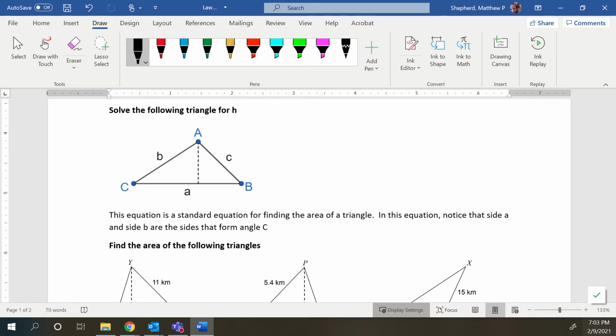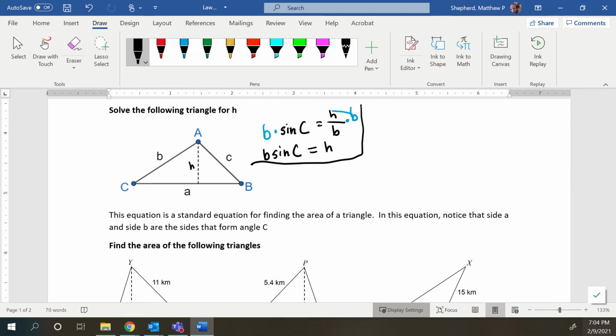So I'm going to start off with, first I want to find the height h. So if I take the sine of angle C, well, opposite of angle C is going to be the height, and then my hypotenuse for this right triangle on the left is B. Once again, I only want the height, so I'm going to go ahead and multiply both sides by B, which would then give me B sine of C is equal to the height.